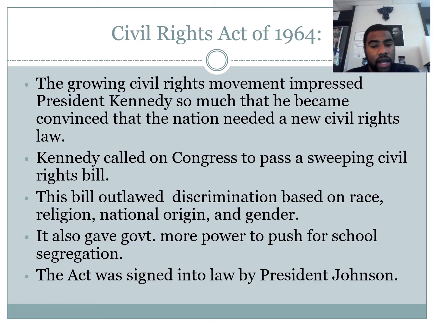Kennedy called on Congress to pass a sweeping civil rights bill. This bill outlawed discrimination based on race, religion, national origin, and gender. It also gave the government more power to push for school desegregation. The act was signed into law by President Johnson.